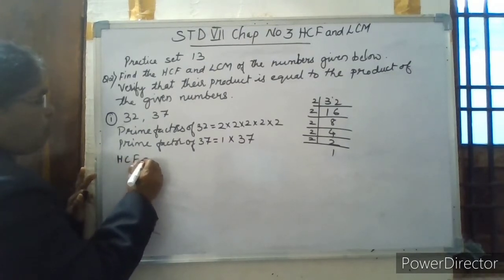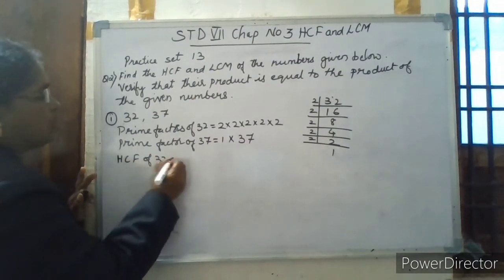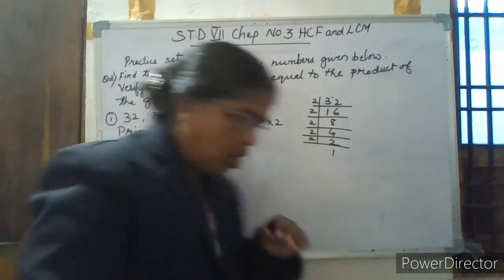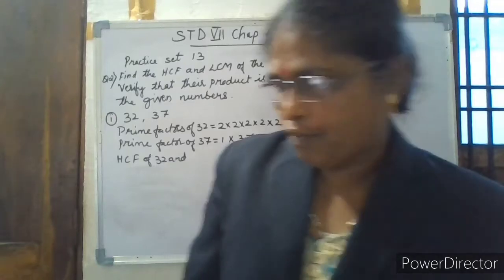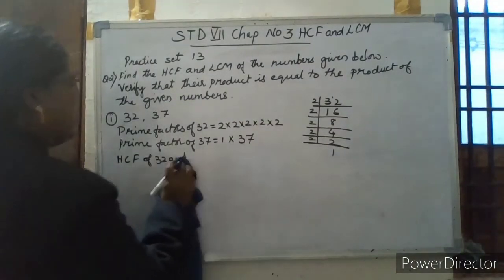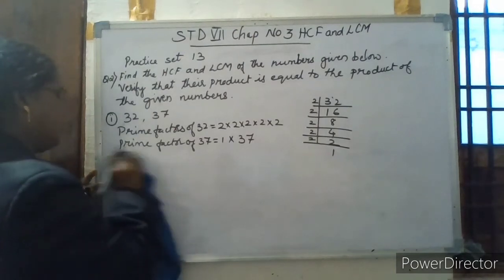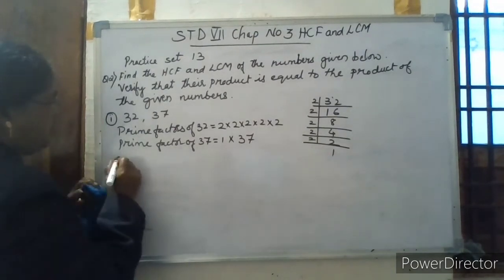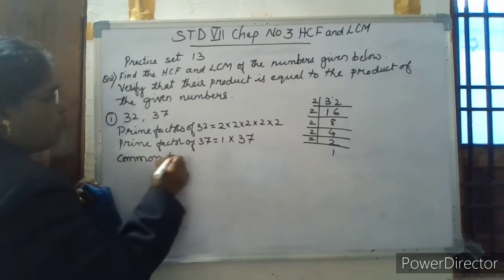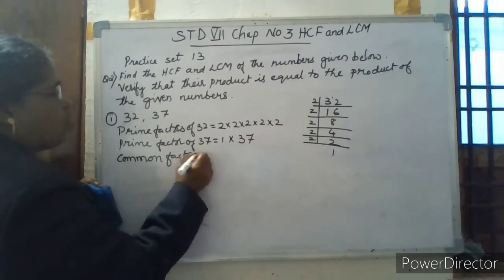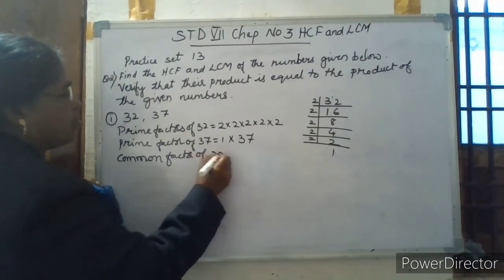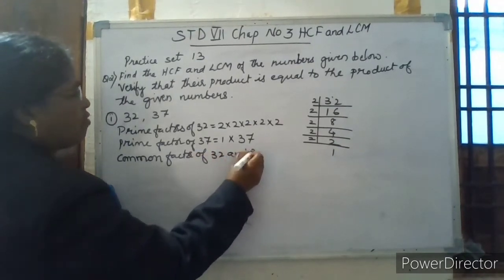First let us find the common factor of 32 and 37.